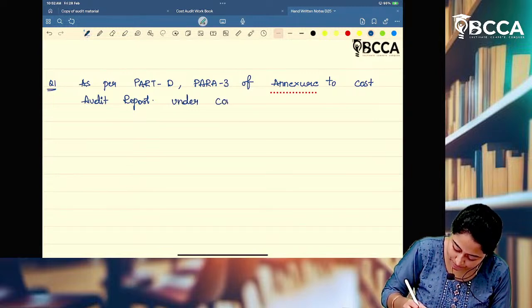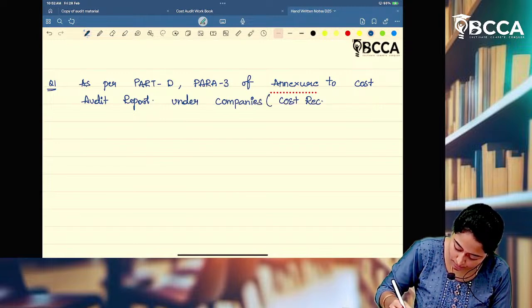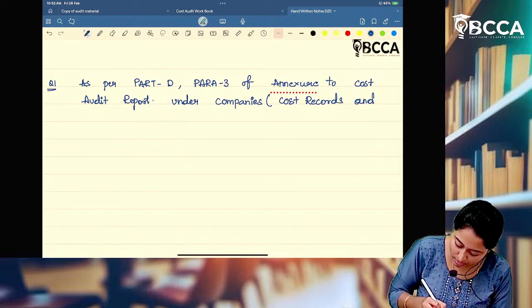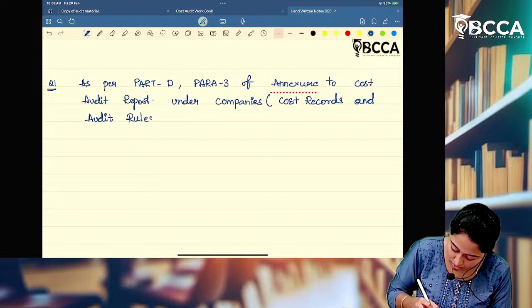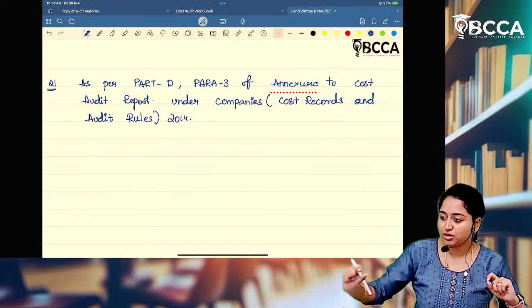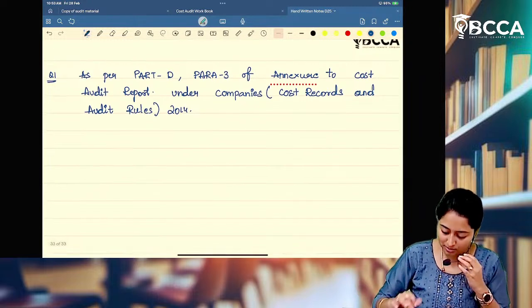Under company's cost records and audit rules 2014. If you have place, then continue and write company's cost records and audit rules. Okay, don't split it, write it continuously.